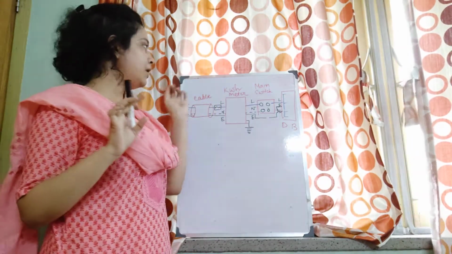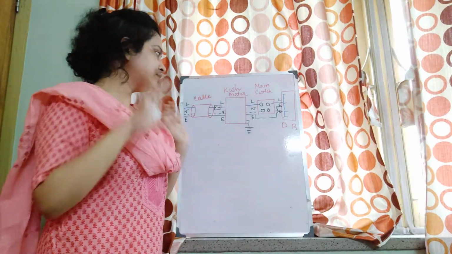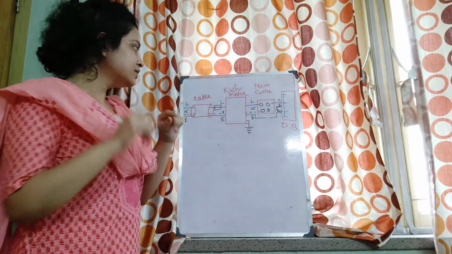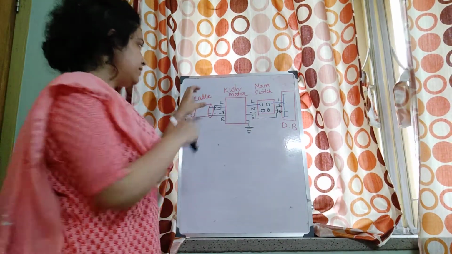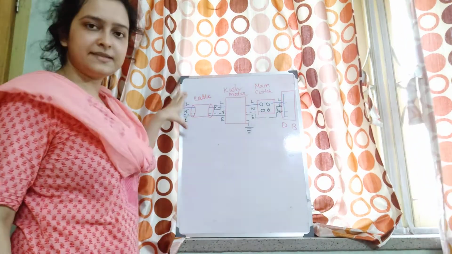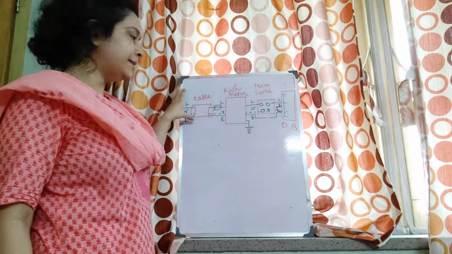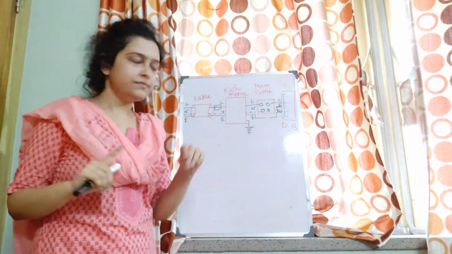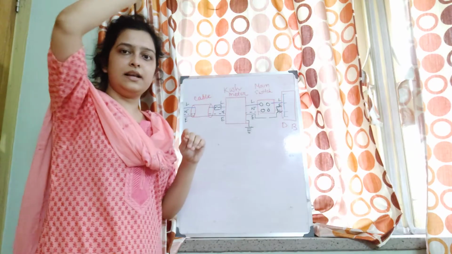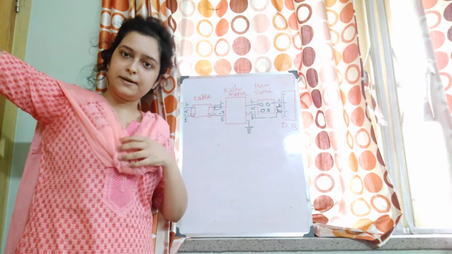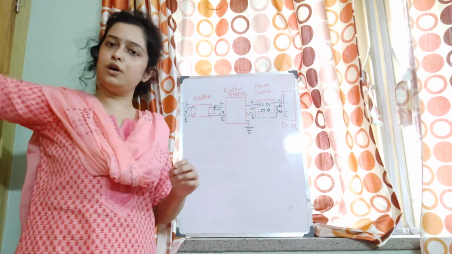I'll just explain in brief how power is being distributed. Say from the city substation, you have the cable or the overhead wires which are running and supplying the power to your house.